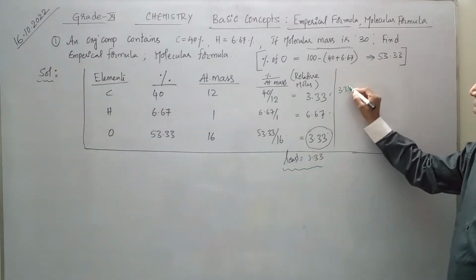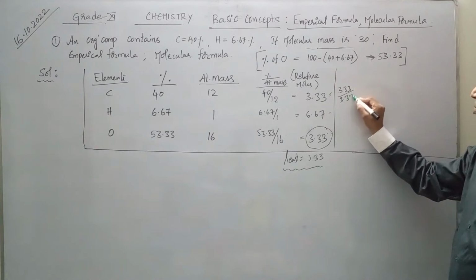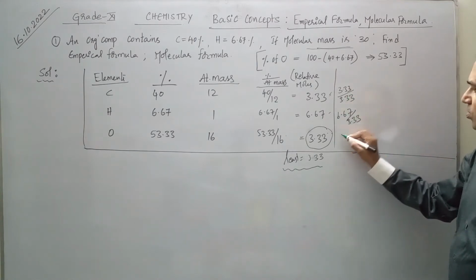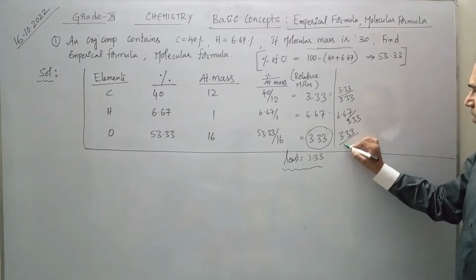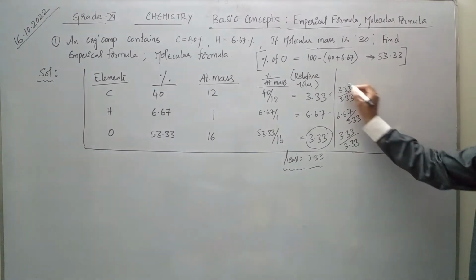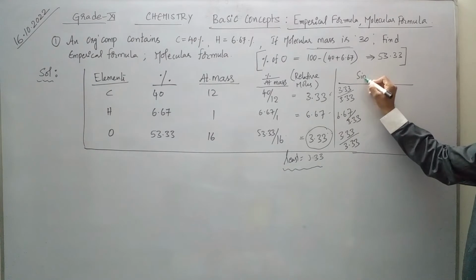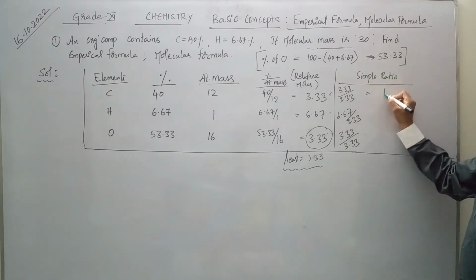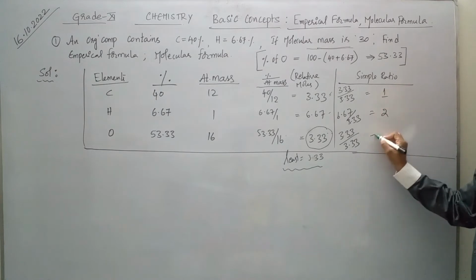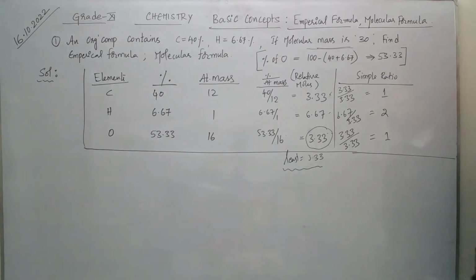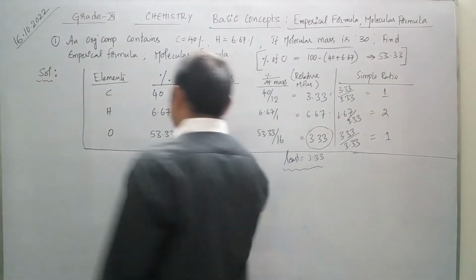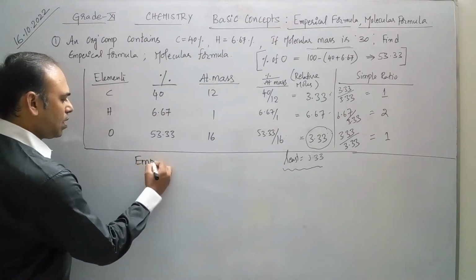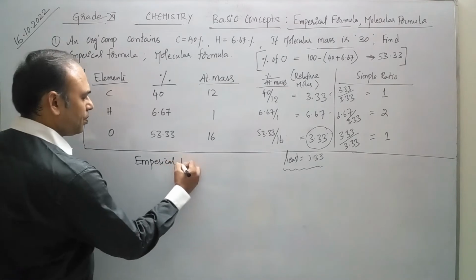So 3.33 by 3.33, 6.67 by 3.33 and 3.33 by 3.33. So this will give you a simple ratio. Nothing but 1, 2 and 1. So from this, what we observed, we can find out that we got the empirical formula.